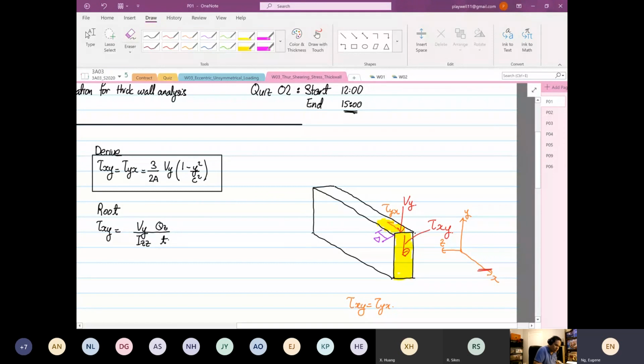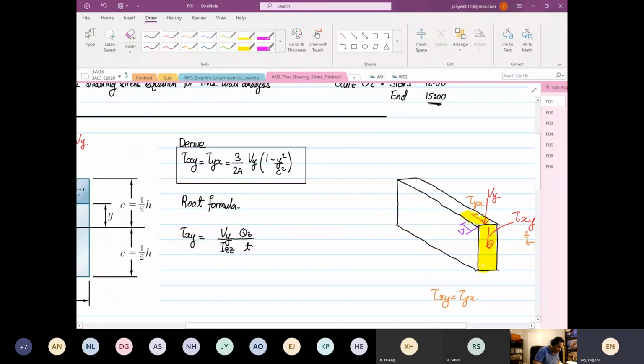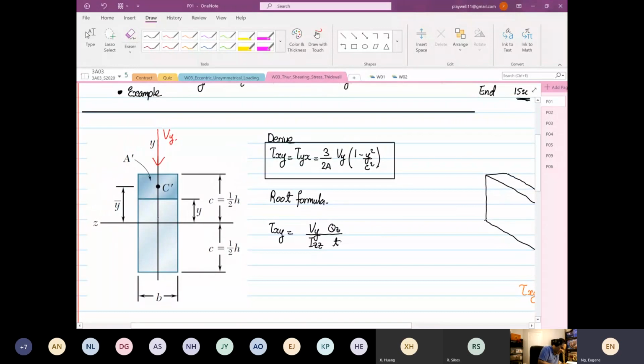The root formula that we're going to use, we already know, is shear stress is equal to Vy over Izz, Qz multiplied by T. We select Izz because Vy is acting perpendicular to Izz, and the first moment of area is also from the ZZ axis, like what I stated before I started writing rules for you guys.